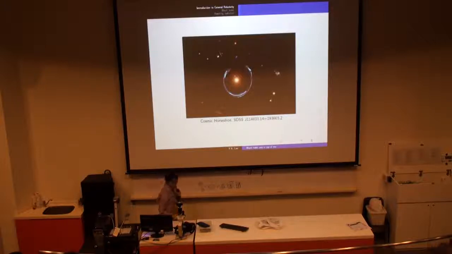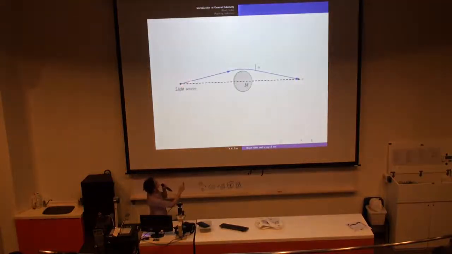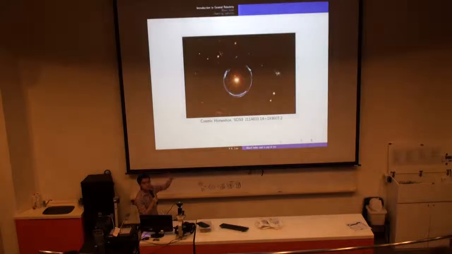Because, as you can see from this picture, light can travel this way and go into the camera, another light can travel this way, and some other light will travel on one side, and then one goes the other side. All around, in all directions, you can see this circular shape. So it's a distorted image of a galaxy that is behind it.